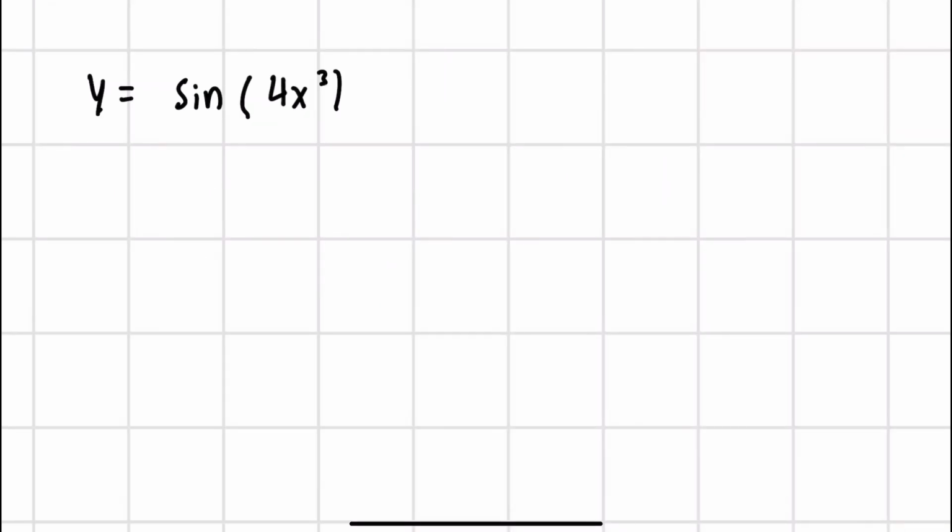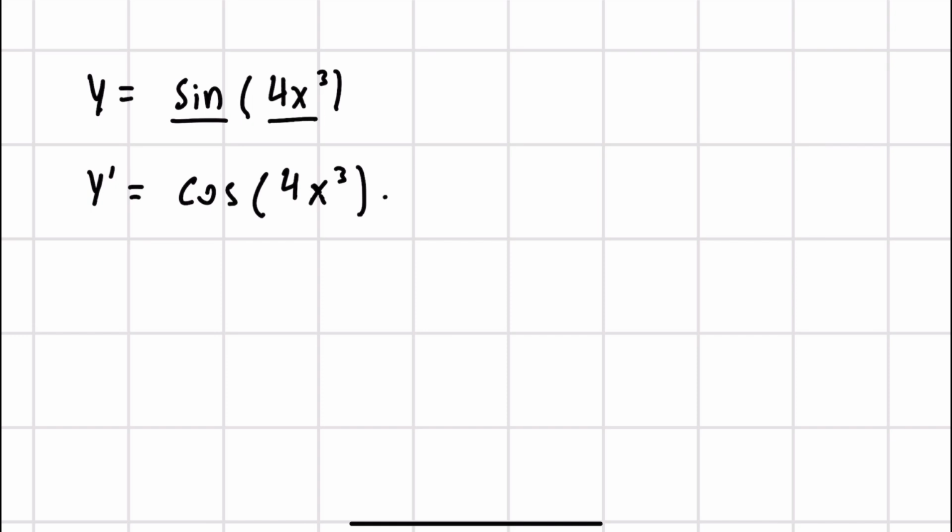In our next example, we have sine of 4x cubed. So to find the derivative of this, we would have to apply the formula for sine, which is cosine. And remember, inside the brackets, you have whatever you have here. So we have cosine of 4x cubed times the derivative of 4x cubed.